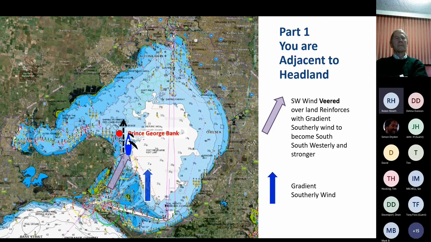And then as we move up alongside here, the veered wind off the headland combines with a gradient southerly wind to become south-southwesterly and stronger.